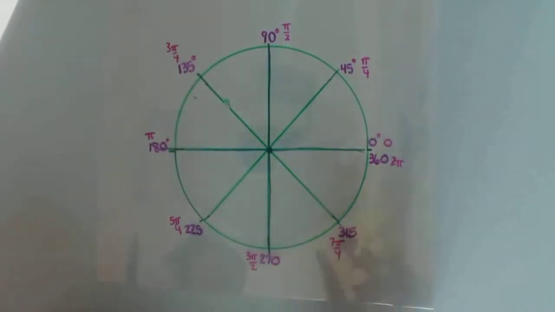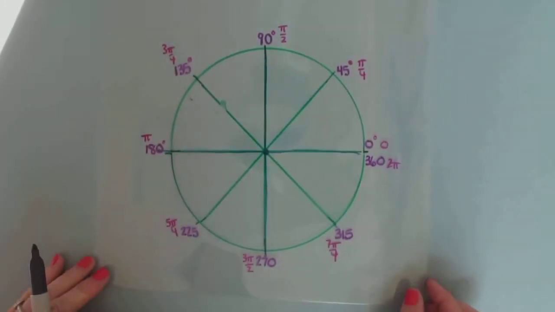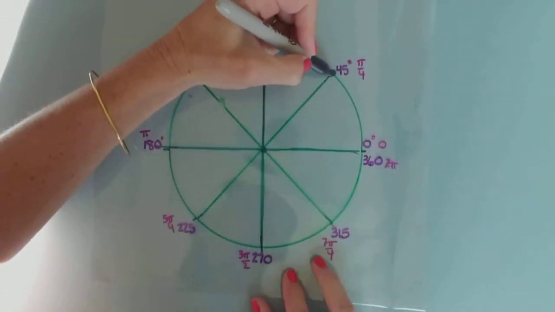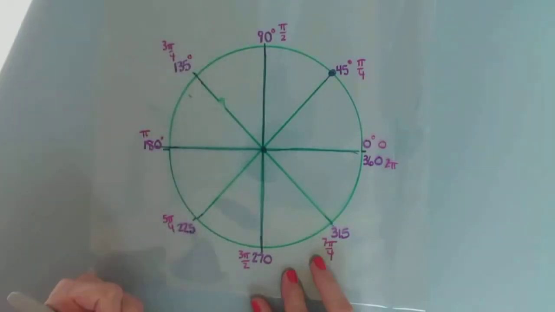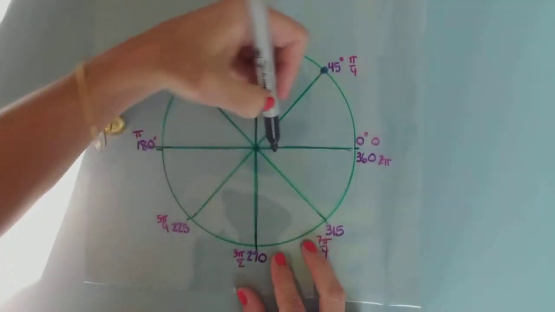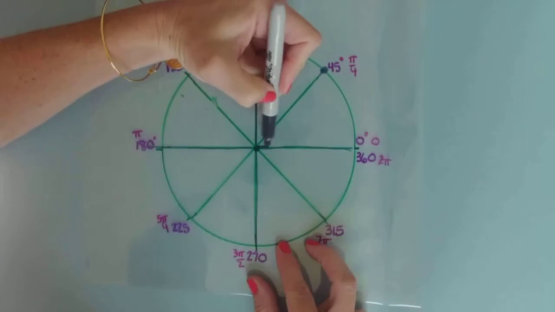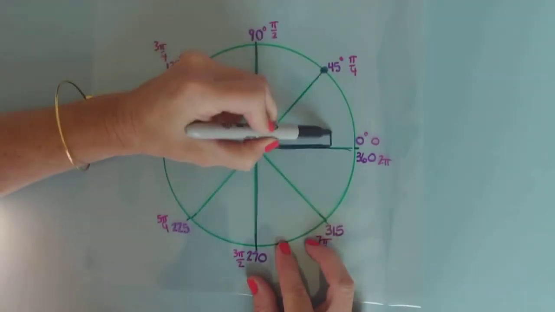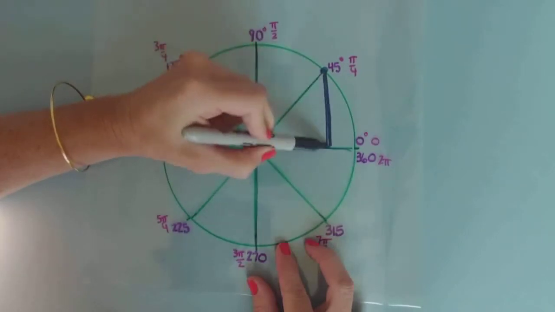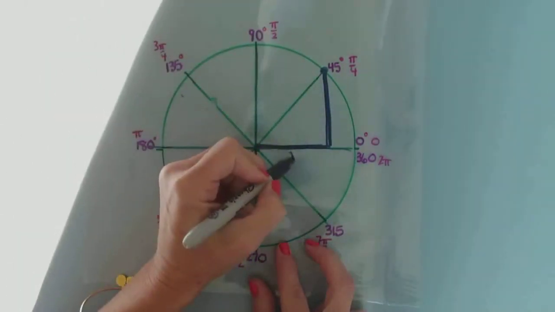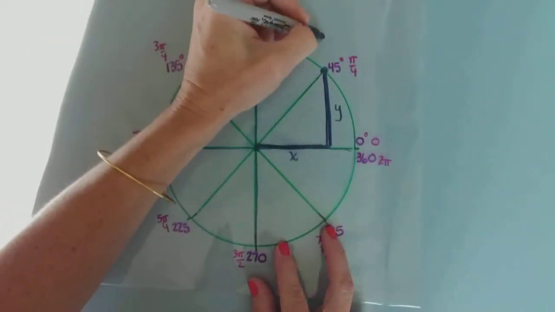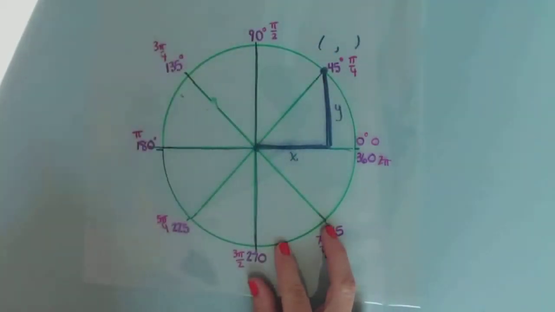So if we're going to locate the coordinates x comma y at this location on the unit circle at 45 degrees, then we know we're going to have to go from the origin, right some and up some. And this is going to create the x value and the y value that determine the actual ordered pair at that point.